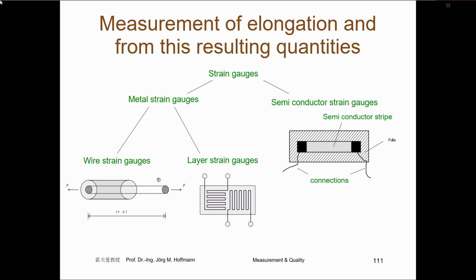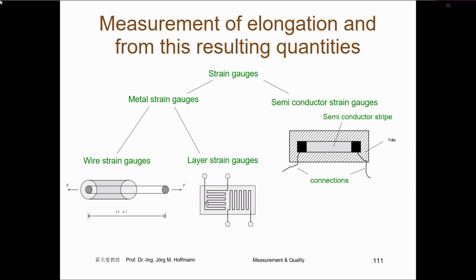These are, let me say, the original form of strain gauges, but today we normally use layer strain gauges. The effect is exactly the same, but we do not have a round wire. We have a layer, flat on a board made of a kind of plastic material, and you have this long wire, but flat on the underlayer.